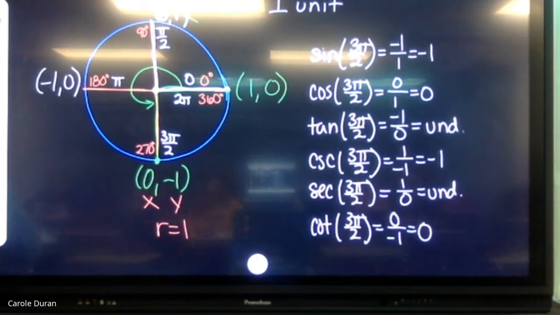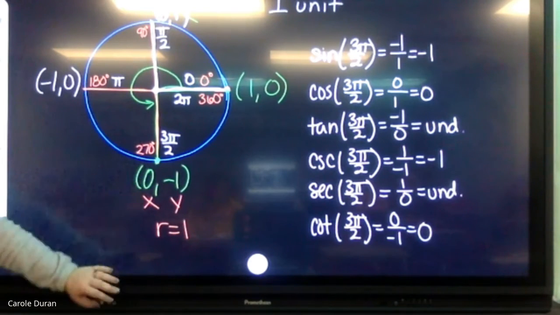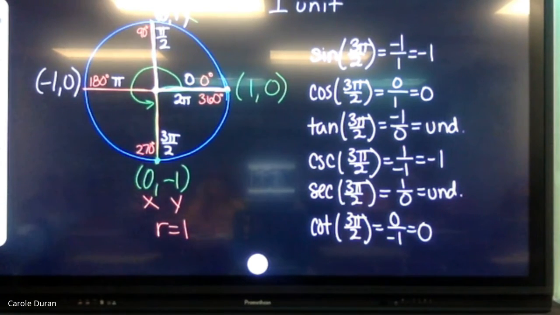Okay, is anybody having any major issues with finding the 6 trig functions for this specific quadrantal angle? And do you anticipate having issues with any of the others? I know sometimes the biggest question some of you have is when is it okay to have a 0 in the top, and is it ever okay to have 0 in the bottom? I don't know if it's helpful, but I try to show the kids this.